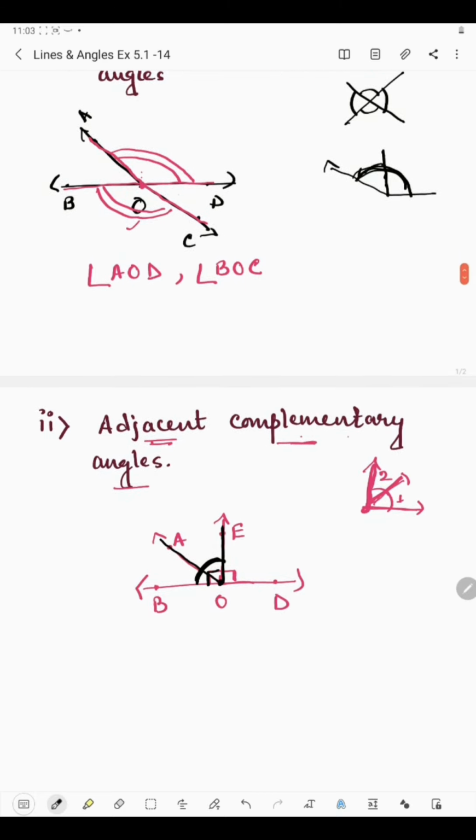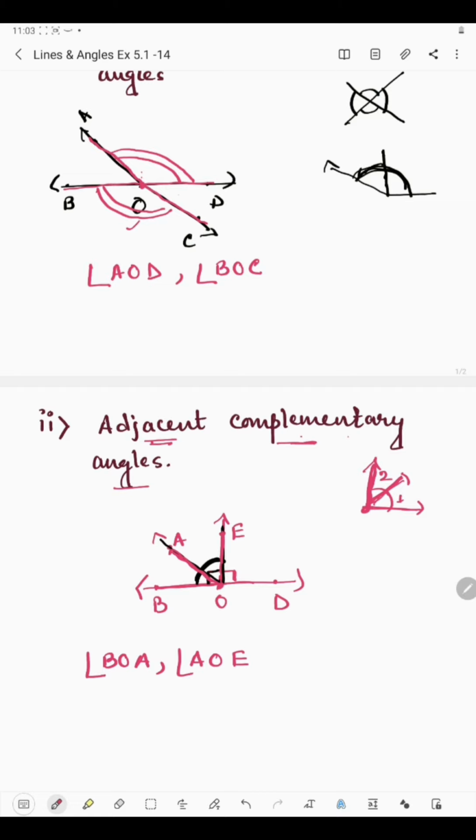So we can consider here angle AOB or BOA and AOE, which is an adjacent complementary angle, because the sum of these two angles makes 90 degrees and these two angles are adjacent also, as O is the common vertex and OA is the common arm.